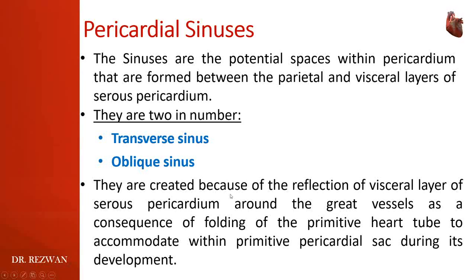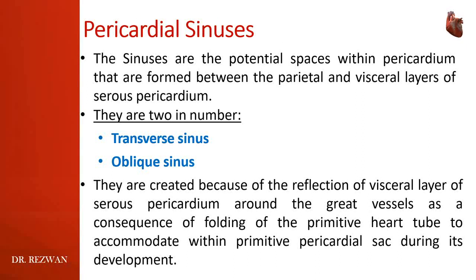They are created because of the reflection of the visceral layer of serous pericardium around the great vessels as a consequence of folding of the primitive heart tube to accommodate within the pericardial sac during its development. To make it simple, let's think about the heart developing into a pericardial sac.